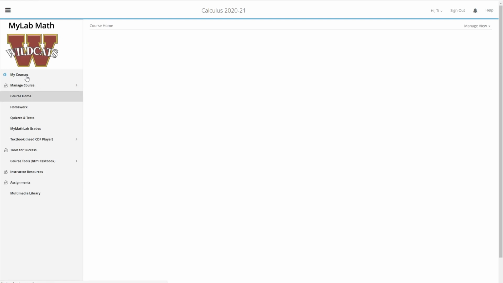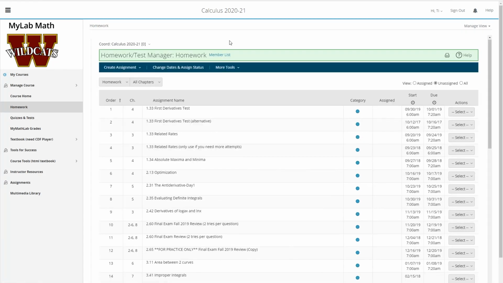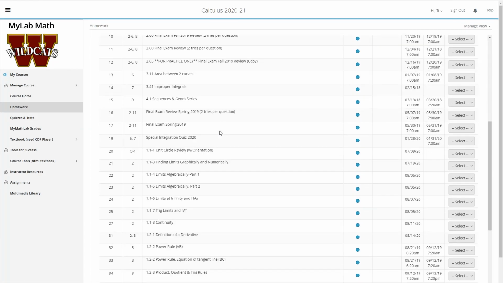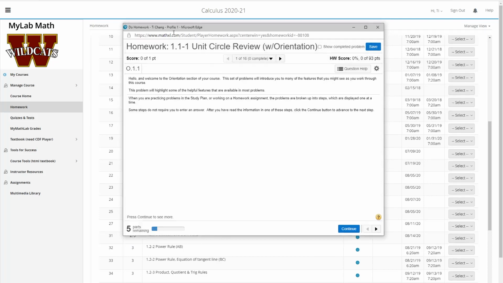You're going to hit homework, and under homework you should see this one homework called 1.1-1 Unit Circle Review with Orientation. For me, I'm going to look at student view, and you're going to go through an orientation first.